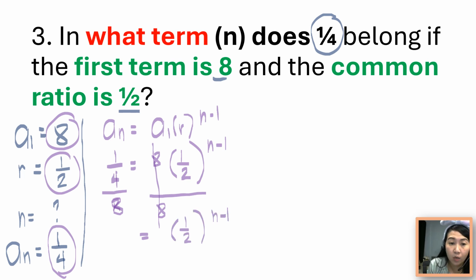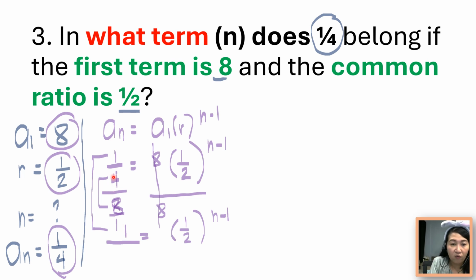Okay, so how are we going to solve this? 1/4 divided by 8. So one technique that I can teach you is that since this is a whole number, we can make it a fraction. So that would be outer, multiply the outer over the product of the inner. So multiply the outer terms. So that would be the numerator and denominator. So 1 times 1, that's 1 over, okay, ito pakita natin. 1 times 1, that is 1.